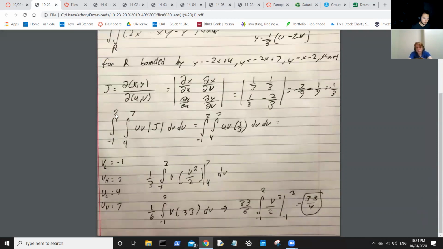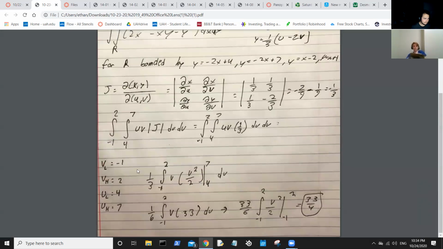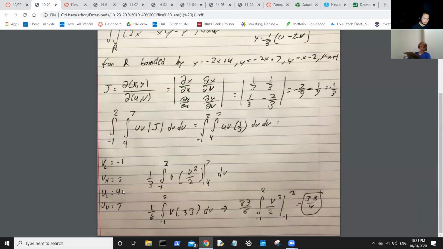V low is -1 and I had V as secondary. I don't need to know that. Okay, so yeah.